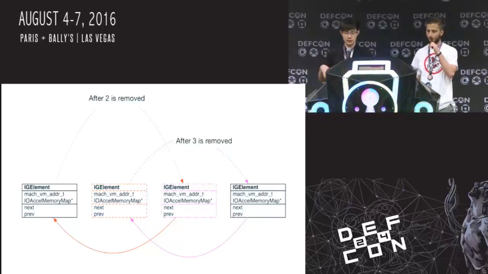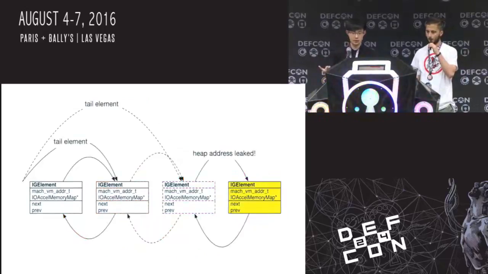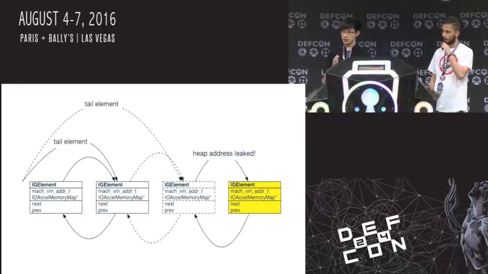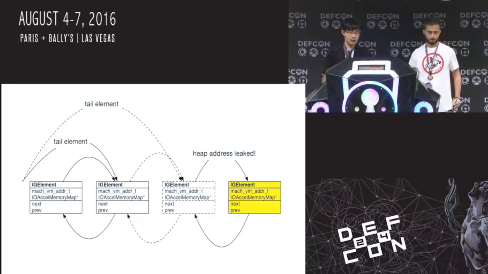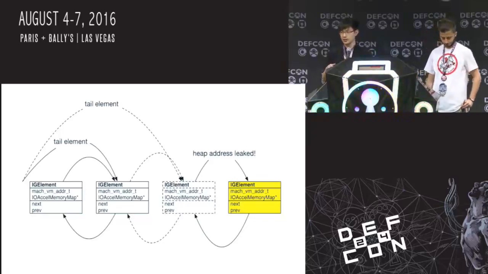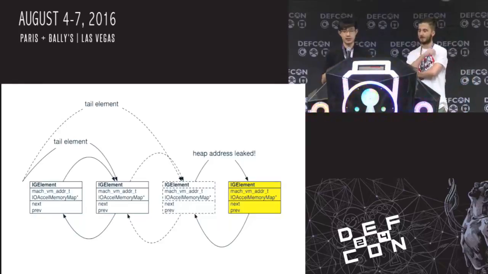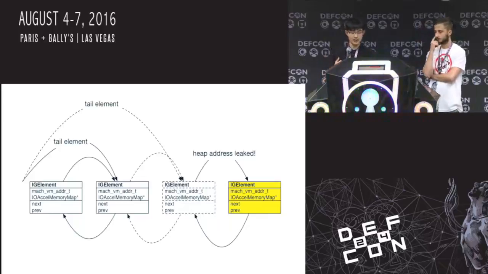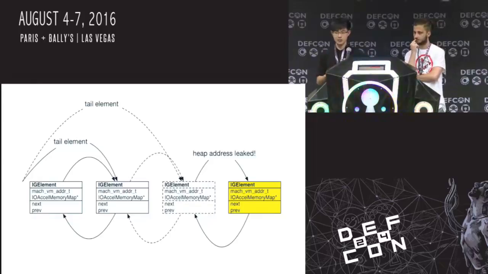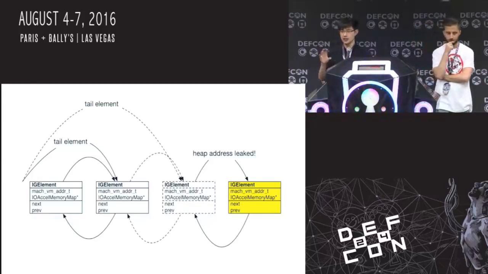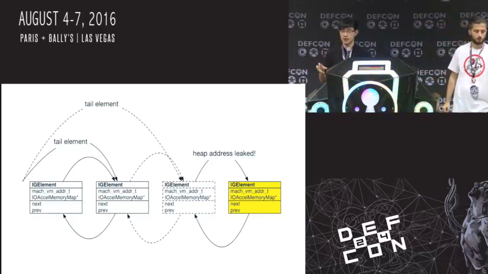Maybe they think there are no issues here, but actually we would like to say no to this, because if you do not lock the add function, we can still race the add function and the remove function at the same time. We can actually get a heap pointer leak to get rid of KASLR. For example, if we are inserting an element after this linked list, it gets appended to the tail of the current element.